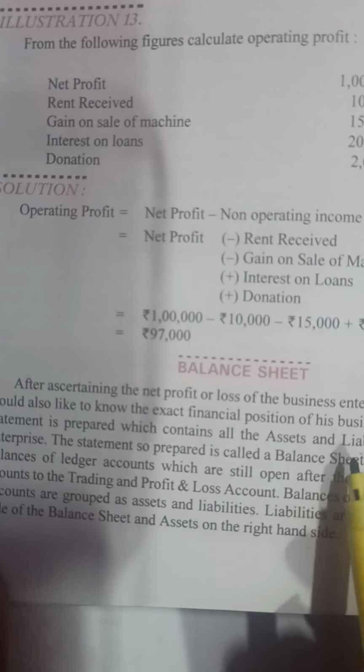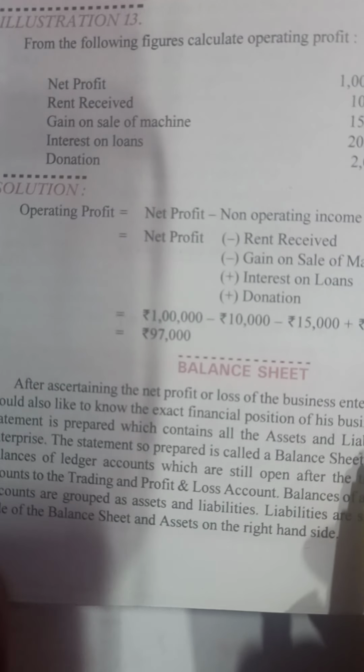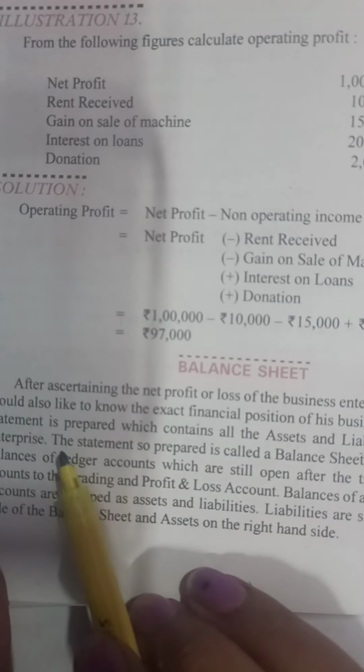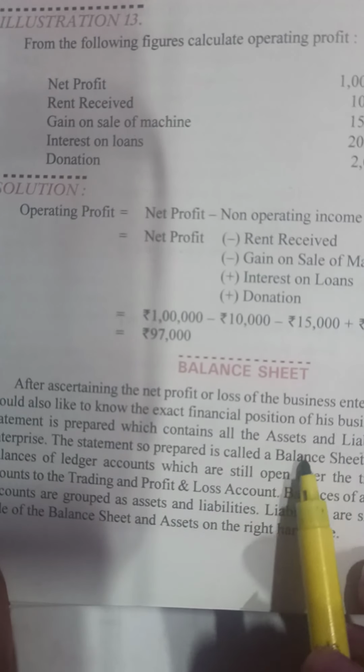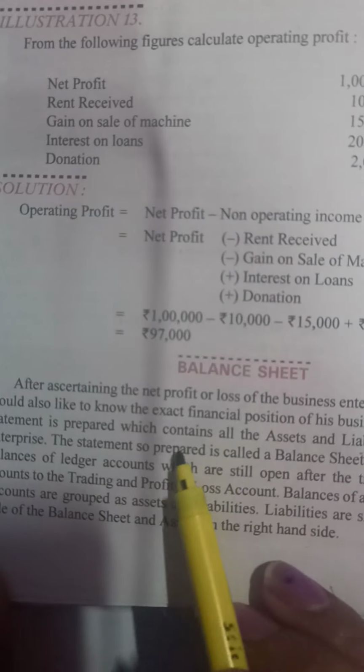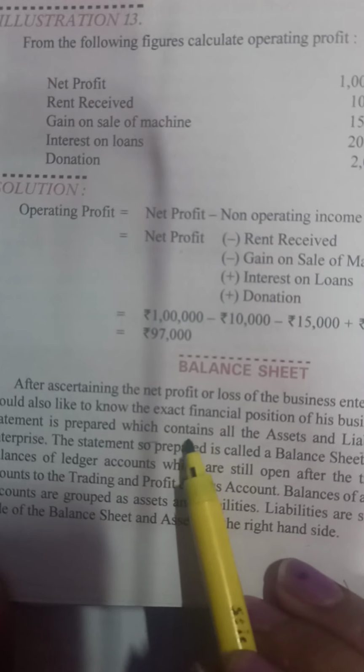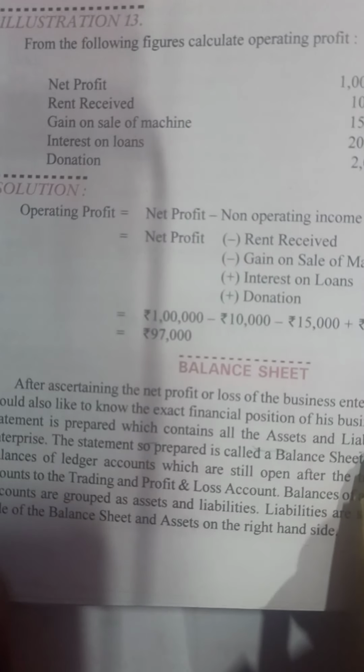So this is a statement that is prepared to find out the financial position of the business. For this purpose, a statement is prepared which contains all the assets and liabilities. I repeat the line, a statement is prepared which contains the assets and the liabilities.